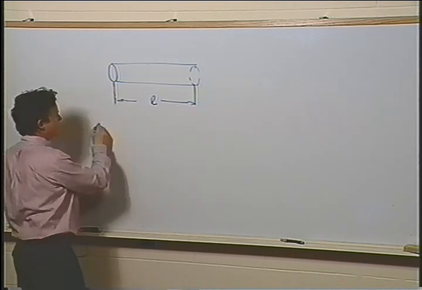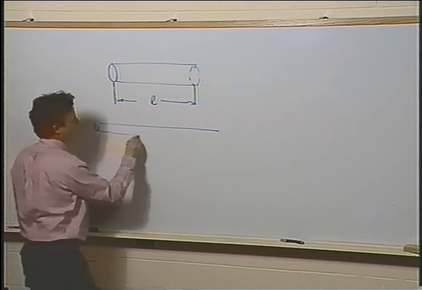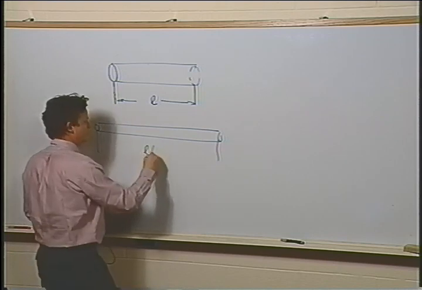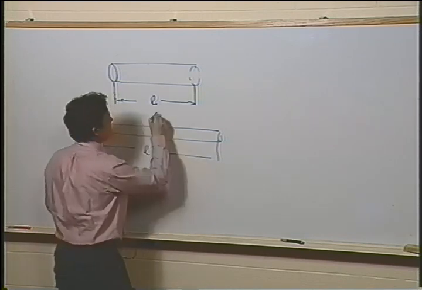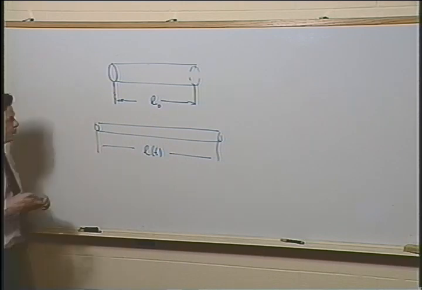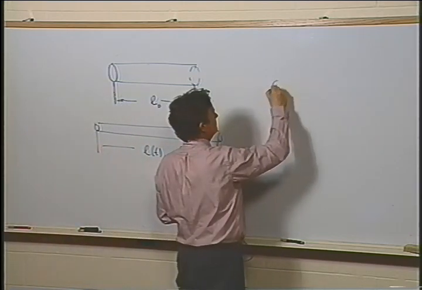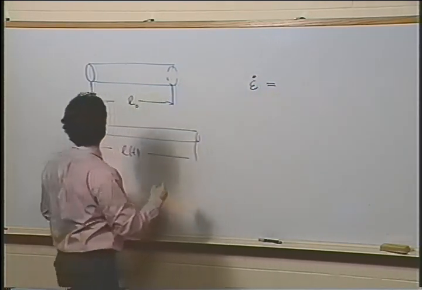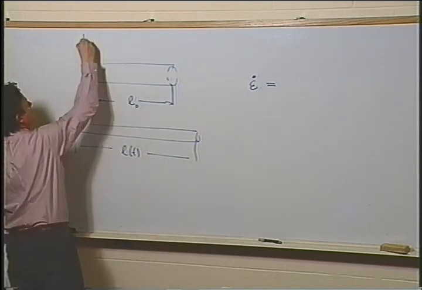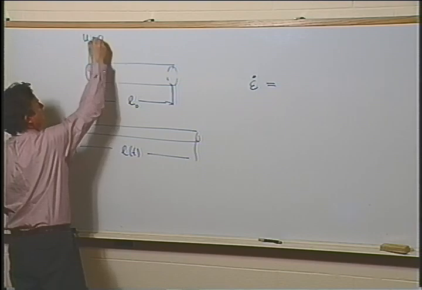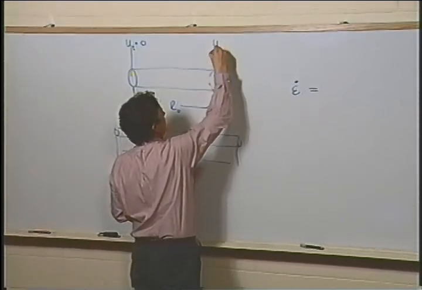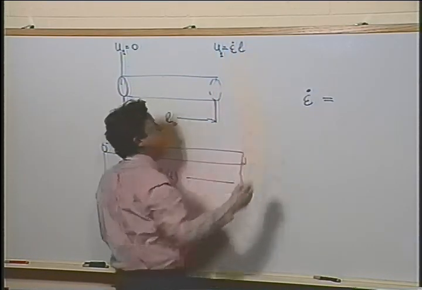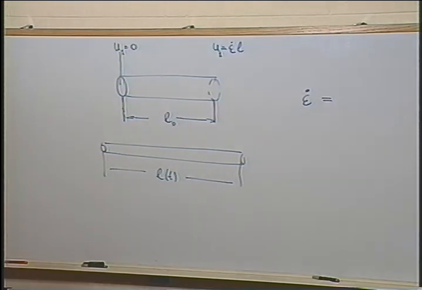is increasing with time. So at some later time, L of t is bigger than L0. And for the extension rate, if we assign a velocity field, say u1 is equal to 0 at the origin, and u1 is equal to epsilon dot times L. That's the type of kinematics we were looking at.